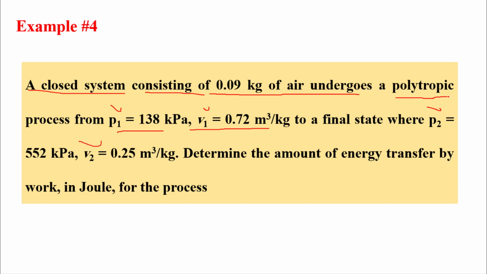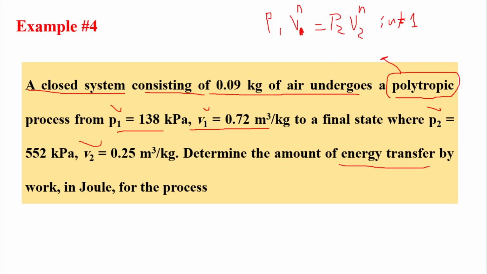He mentioned that this process is a polytropic process, meaning P1V1 to the power n equals P2V2 to the power n, where n does not equal 1. But in this problem, he does not give us the value of n. Determine the amount of energy transfer by work in joule for this process.